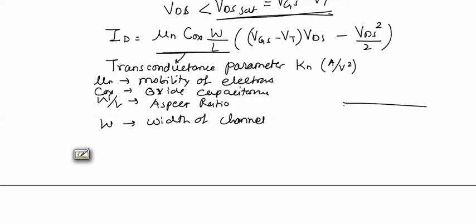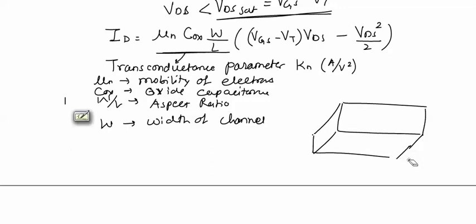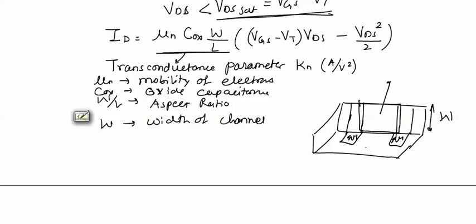For example, if this is the MOSFET, these are the N plus regions, and this will be the gate metal. So this dimension is called the width of channel, and this dimension is called the length of channel.